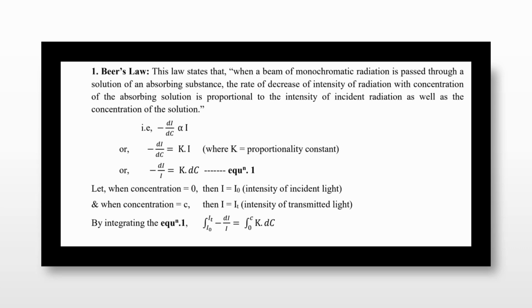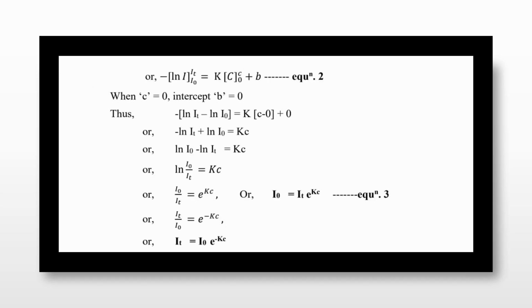By integrating equation 1, we get the integral from I_0 to I_T of minus dI by I equals the integral from 0 to C of k dC. When C equals 0, the intercept b equals 0. Thus we get minus log I_T minus log I_0 equals k times (C minus 0) plus 0.